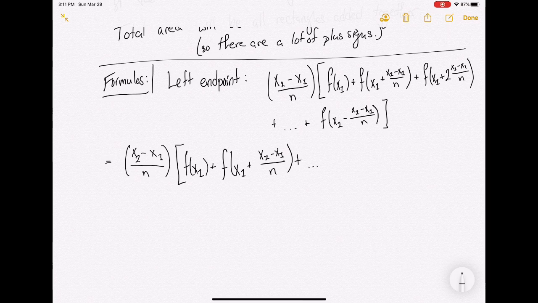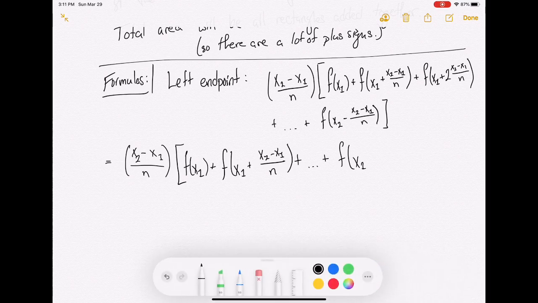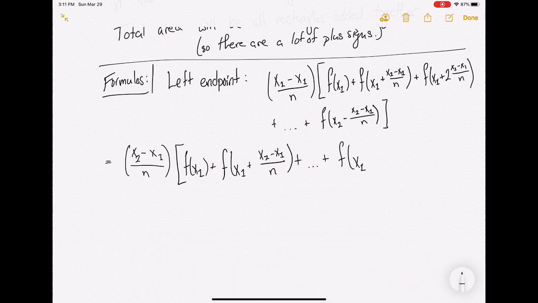We're going to keep stepping forward, but where do we end up? Another way of writing the spot that we end up at, it's actually x1. Make sure that looks like a 1 for you guys. f of x1 plus n minus 1 times x2 minus x1 divided by n. It's the same thing.